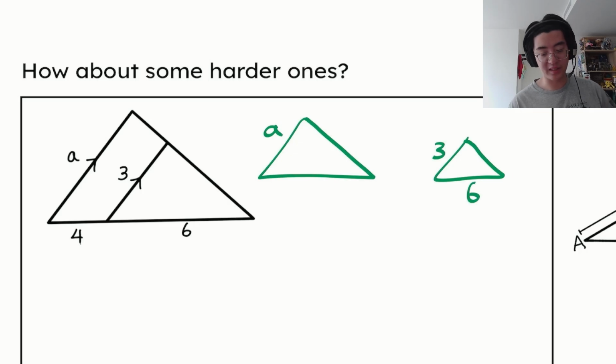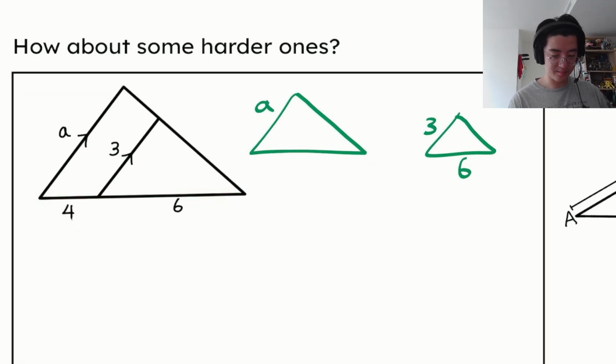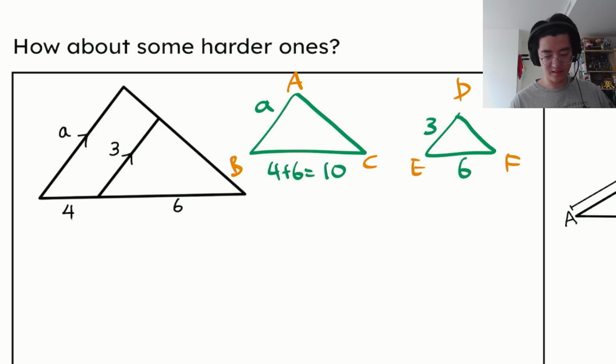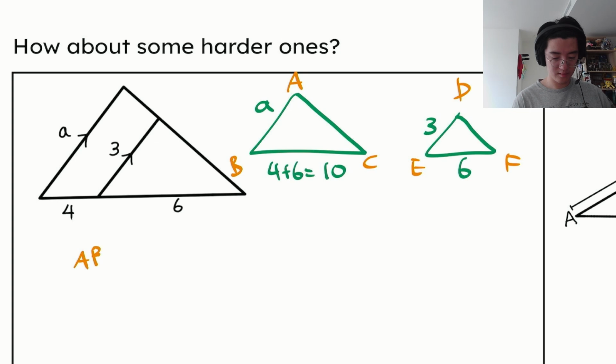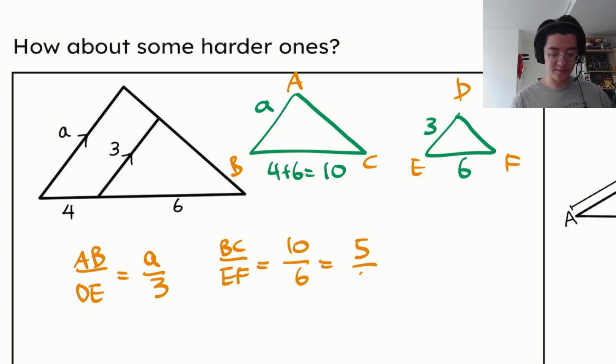Now for the big one, as you can see here, the length is down here, which is 4 plus 6, 10. Give them names, A, B, C, D, E, F. Okay, so let's go AB over DE, which is just A over 3. We don't know what A is. Next is BC over EF, reduced to 5 over 3.